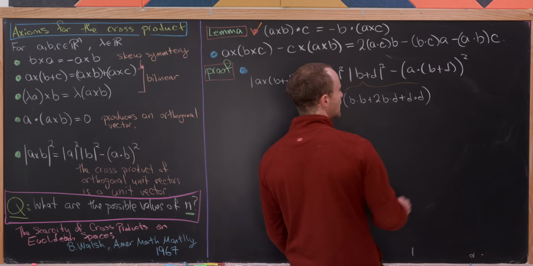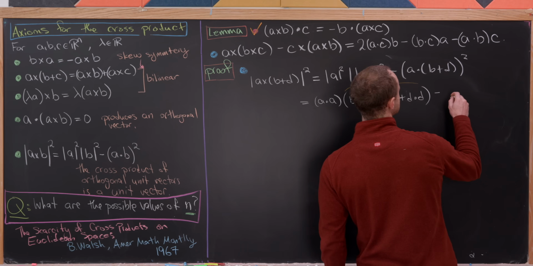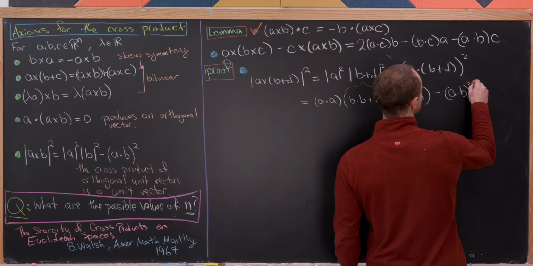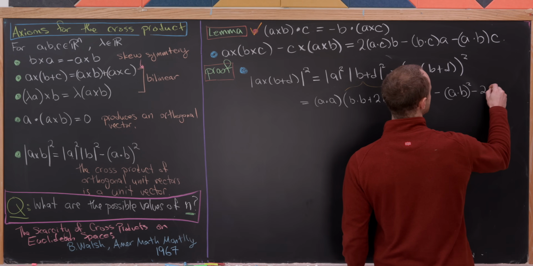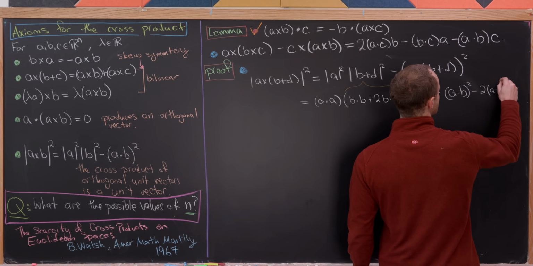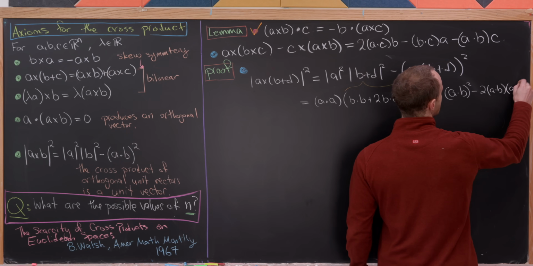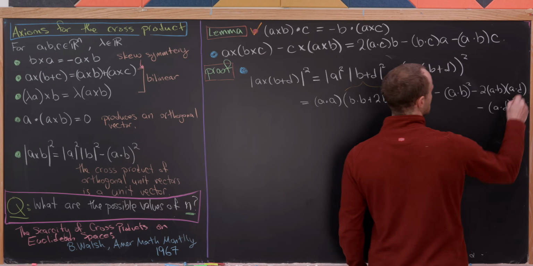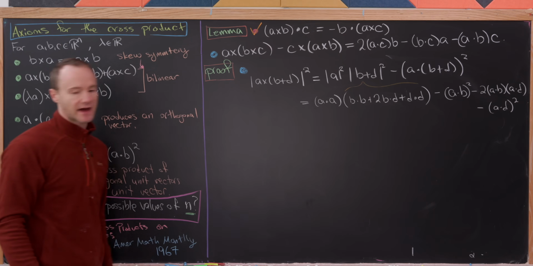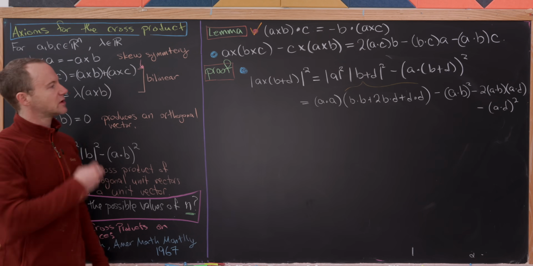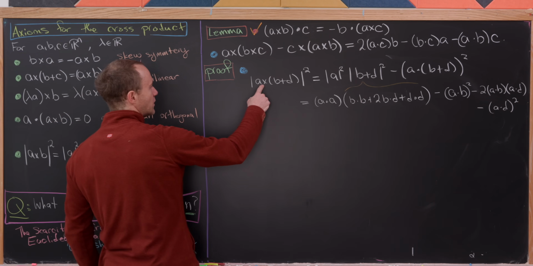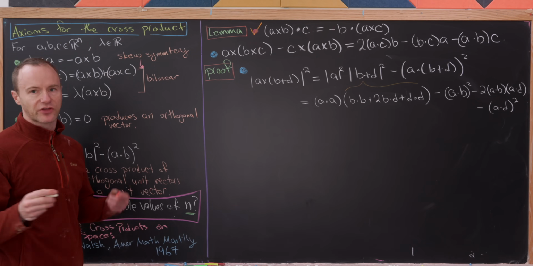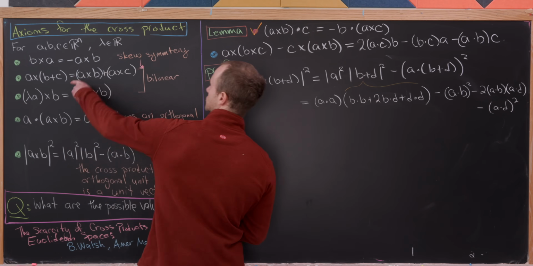Next we'll have minus (A dot B) all squared, then minus 2 (A dot B)(A dot D), and then minus (A dot D) all squared. Okay, so that's from that. And then we can do something similar over here on the left. We can push this A cross (B plus D) through, using the distributive rule.